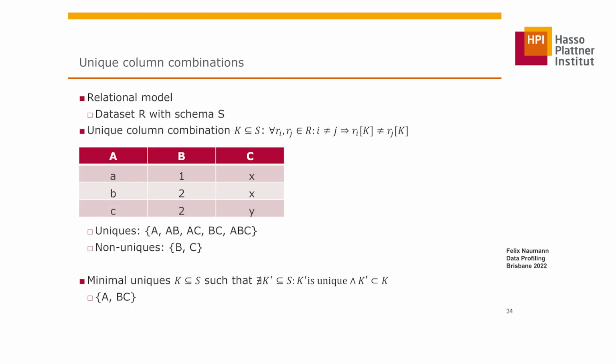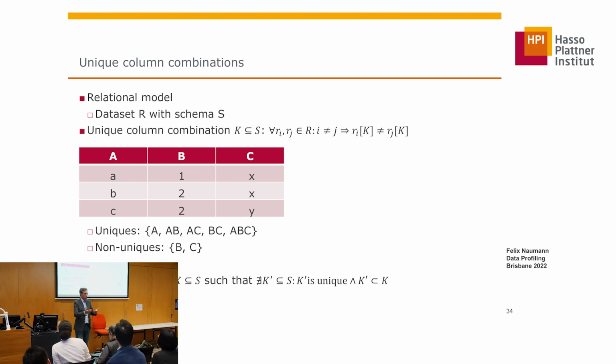I mean, here's a little bit of a more formal definition. So given a data set and a schema, a unique column combination is a subset of the schema, so a subset of the attributes, or columns, such that for any pair of records, the values for those columns are unique, right? So are different.